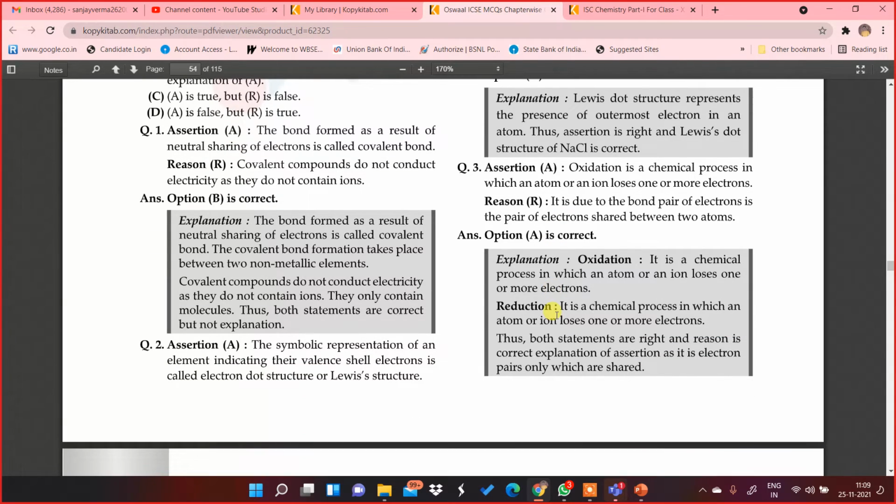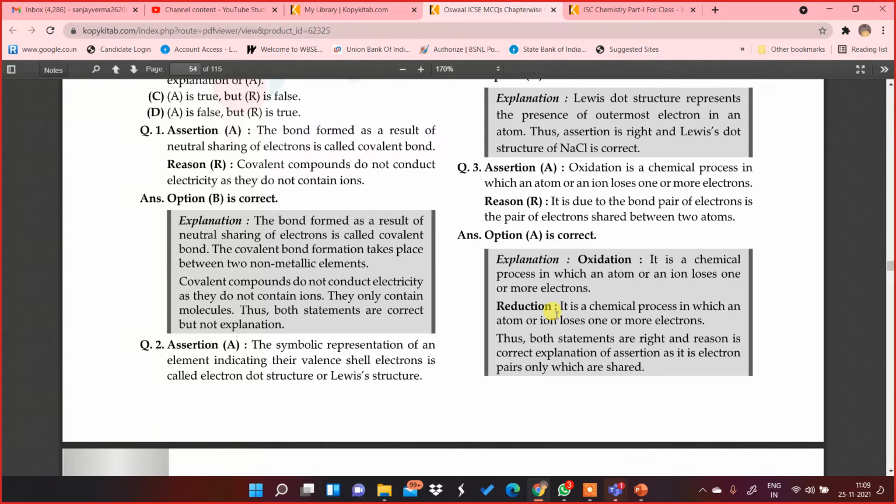Then question number 3, assertion A. Read this question, all of you, on your own, in your mind. Assertion A: oxidation is a chemical process in which an atom or an ion loses one or more electrons.